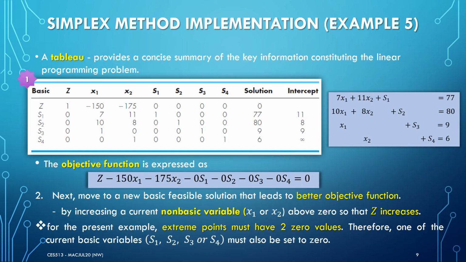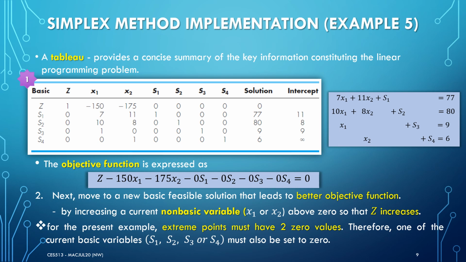Before proceeding to the next step, the beginning information can now be summarized in a convenient tabular format called a tableau. So as shown here, the tableau provides a concise summary of the key information constituting the linear programming problem.